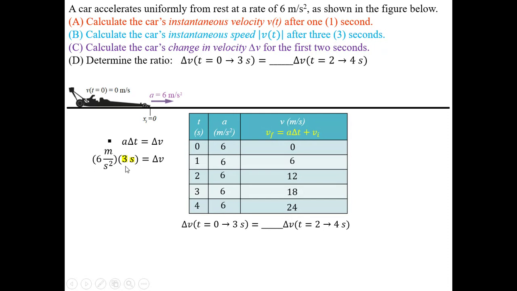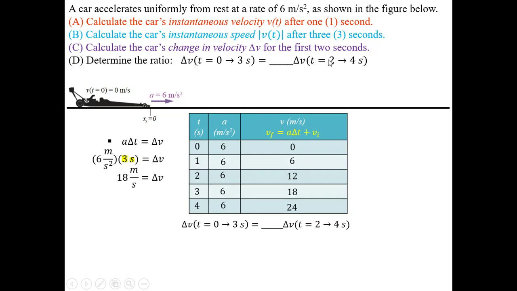My change in time here is 3 because 3 seconds minus 0 is just 3. So therefore, my change in velocity here is just positive 18 meters per second. I'm doing a ratio problem here, so I don't really care about direction, okay? Because ultimately, you're asked to find a coefficient, not the actual velocity quantity. So I would just say the change is just 18. If you want, you can put positive 18. It doesn't hurt, okay?